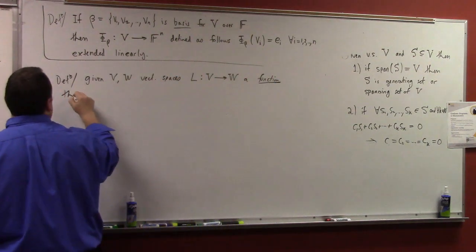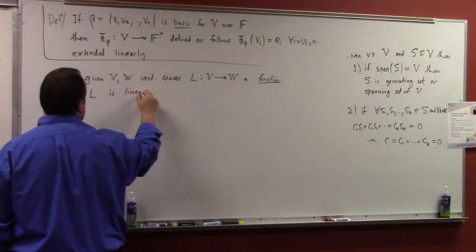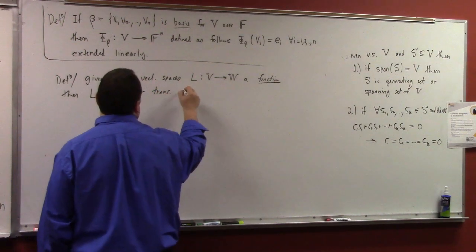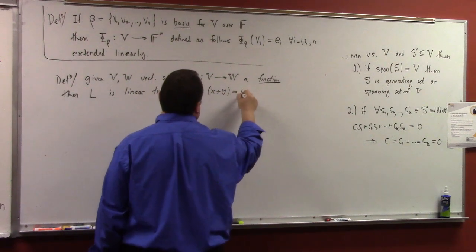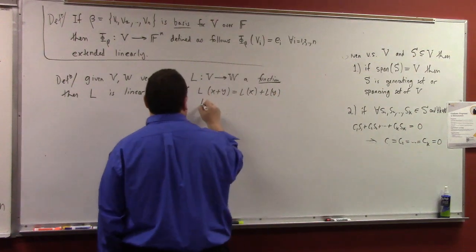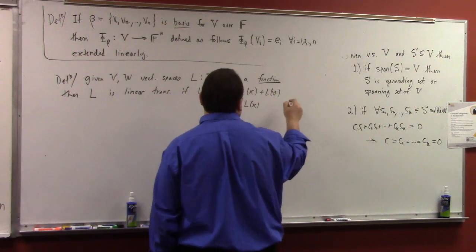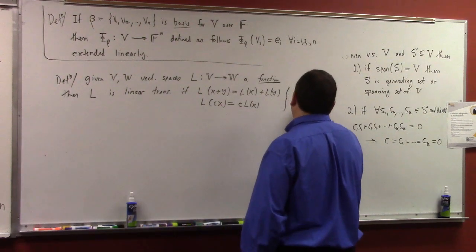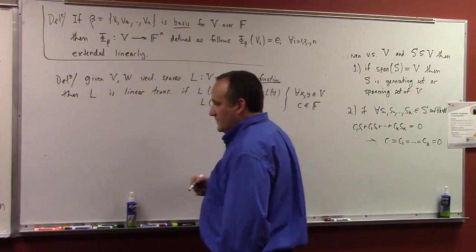Then L is a linear transformation if L of x plus y is equal to L of x plus L of y, and L of Cx is equal to C L of x for all x and y in the vector space and C in the field, right?